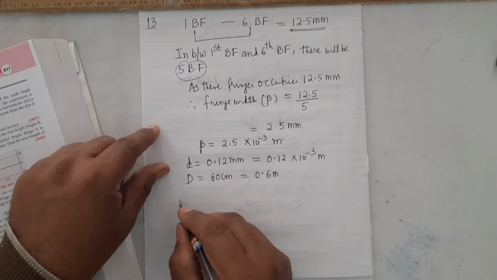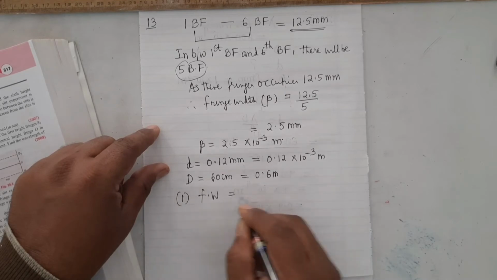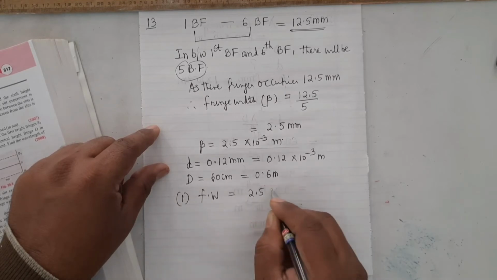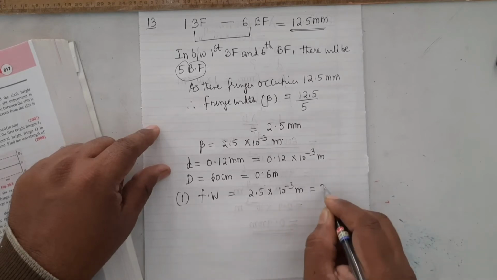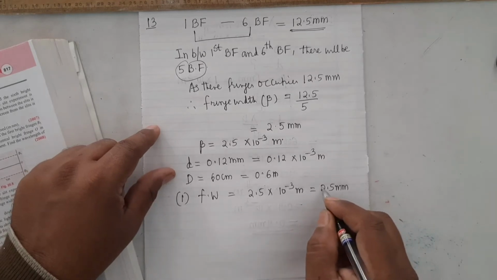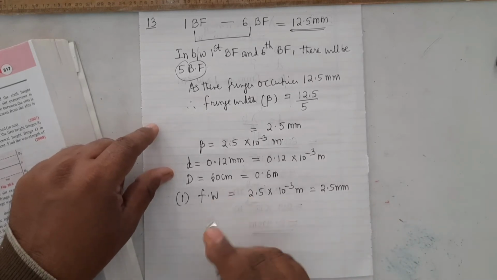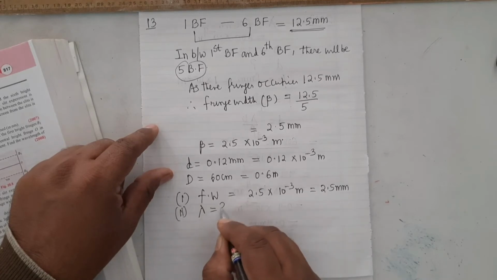You have to find the fringe width, which already I have calculated. Fringe width will be equal to 2.5 into 10 to the power minus 3 meter, or you simply can say 2.5 mm. Then wavelength of light used in nanometer. You have to find lambda, that you can find.